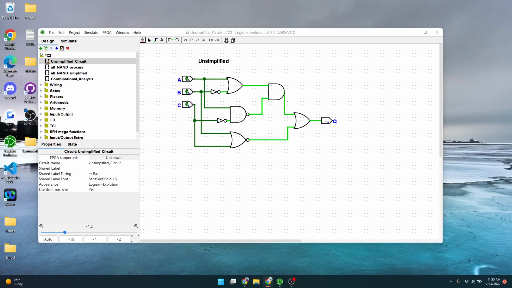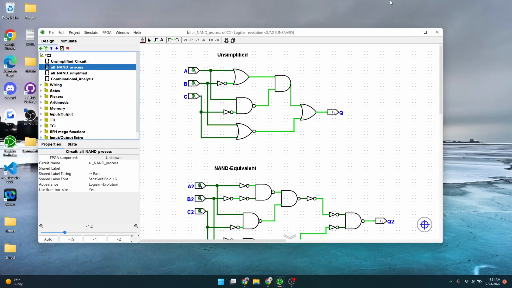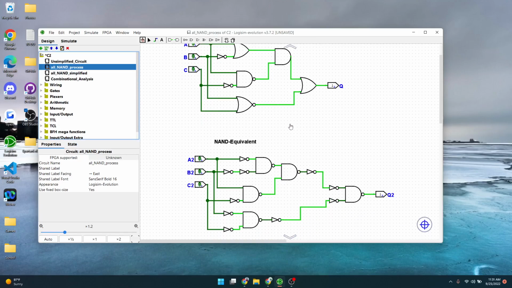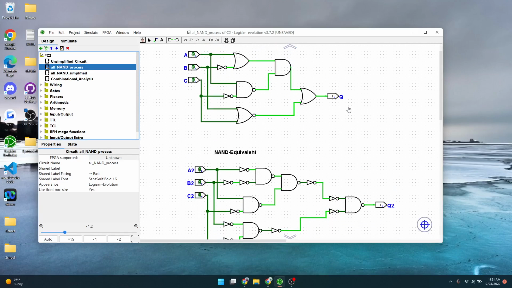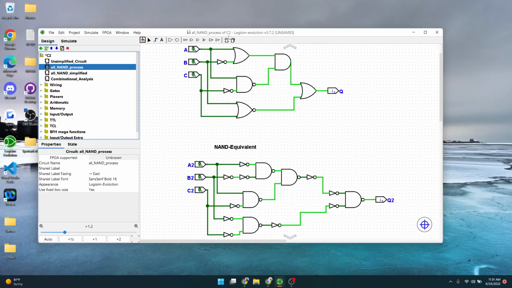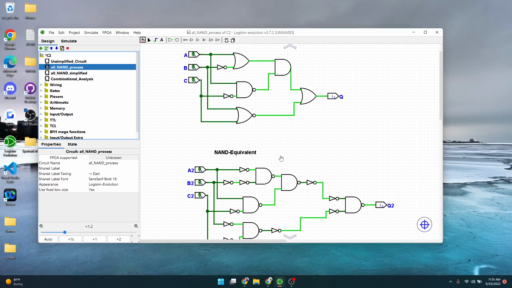Okay, yep. The next step was to turn that into an all NAND gate circuit. So I put over our unsimplified equation here and turned all of that into NAND gates. You can express an OR gate through a NAND gate with two NOT gates at the inputs, and for an AND gate, you can do a NAND gate and then just NOT the output.